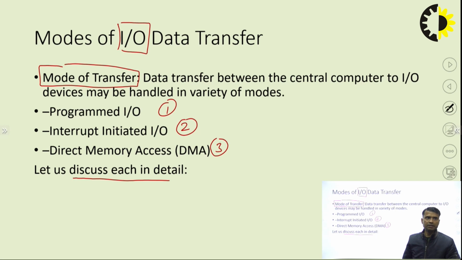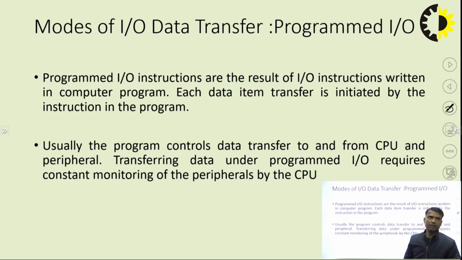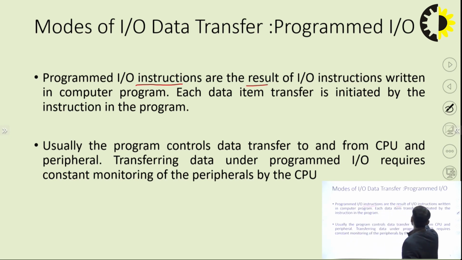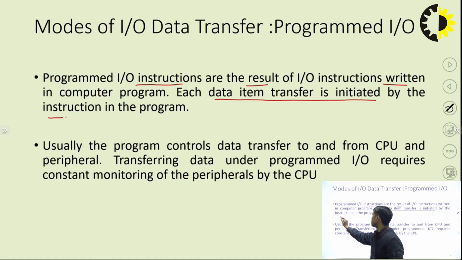So let's begin with the first, the programmed I/O. Programmed I/O is basically instructions that result in the writing of data through a program. So each data item transfer is initiated by an instruction in the program.